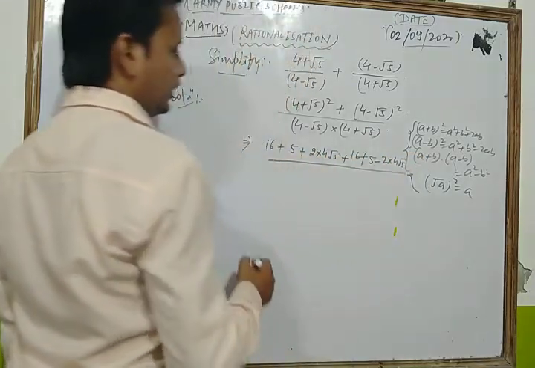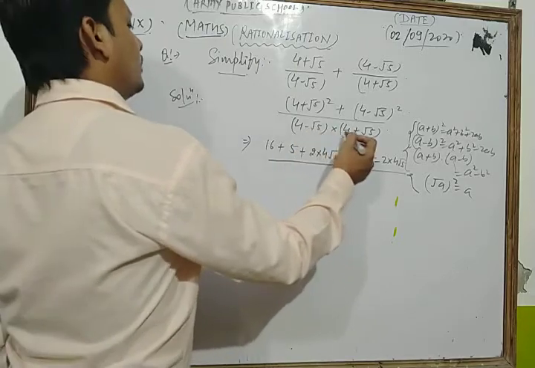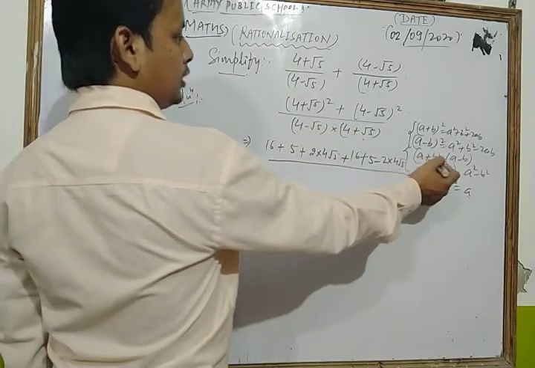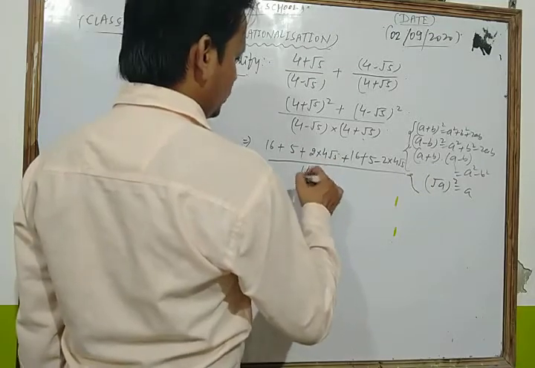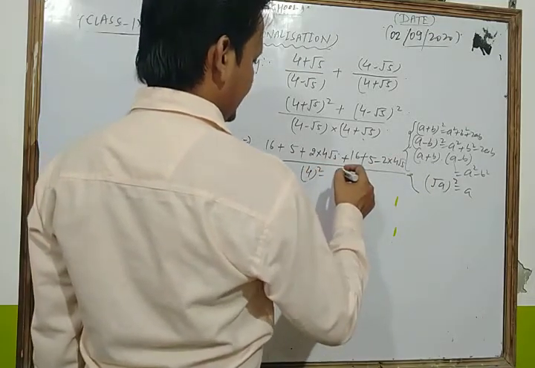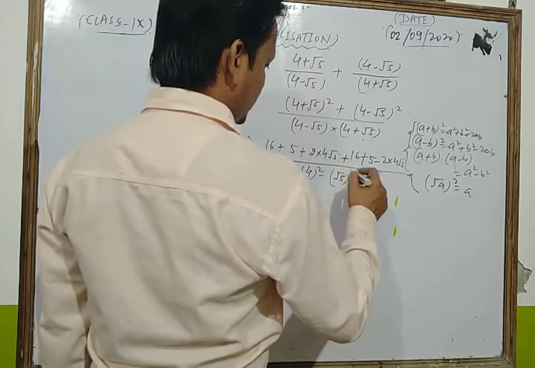In the denominator, we apply (a minus b) into (a plus b), which gives a square minus b square: 4 square minus root 5 square.